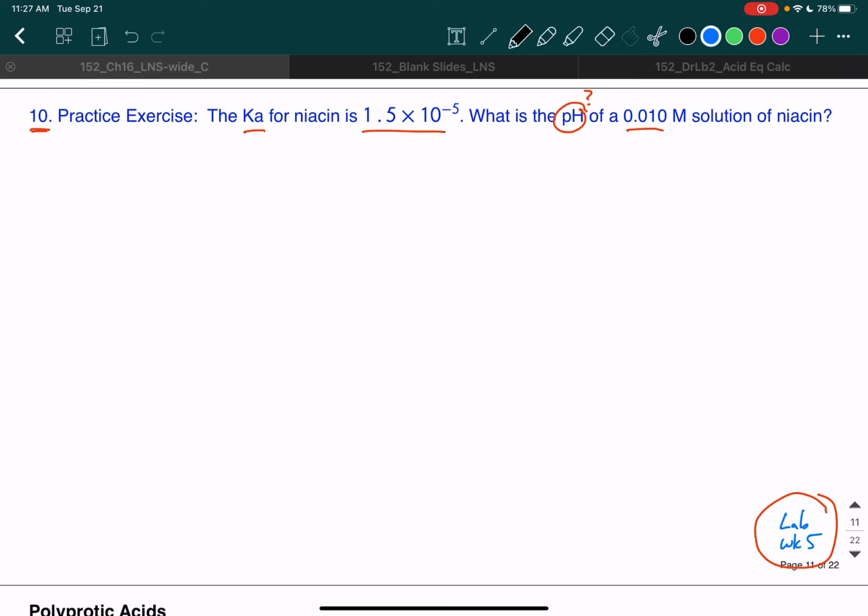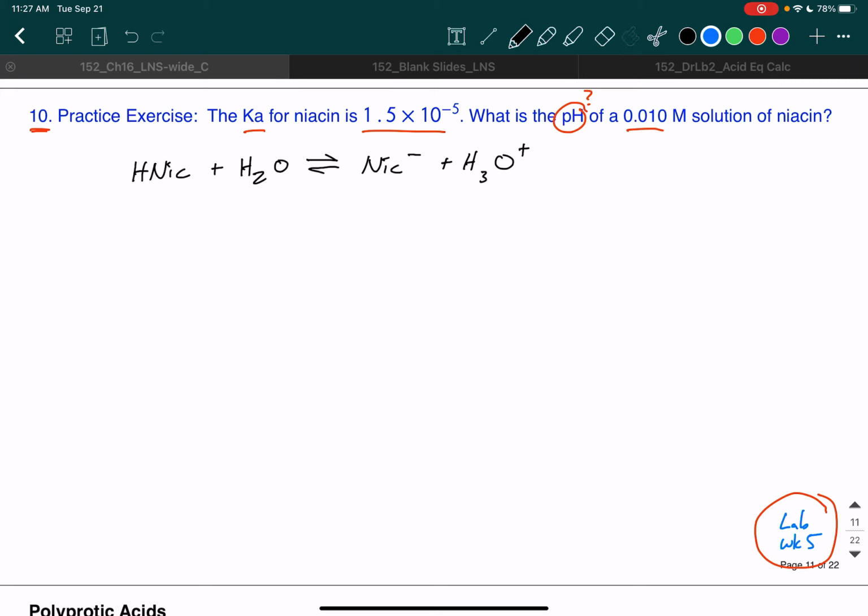Let's see. I'll need an ICE table. Great. Let me set that up. I'm going to rewrite the equation we saw just a second ago. Hydronium.